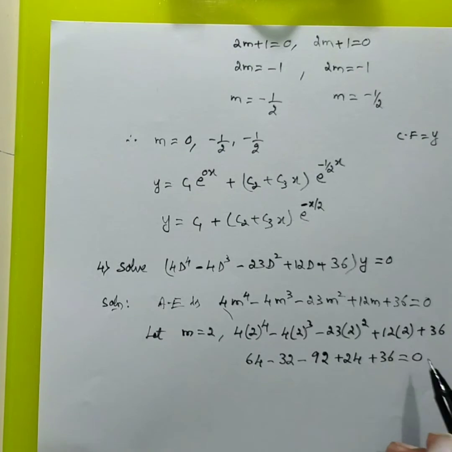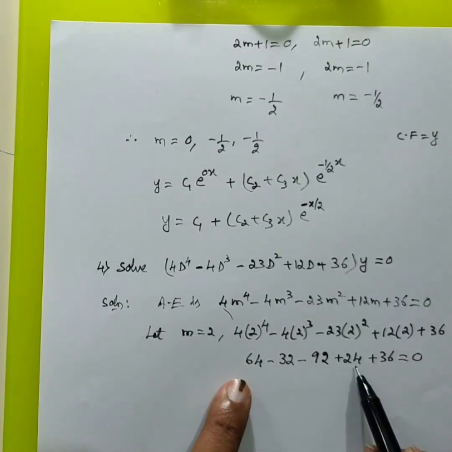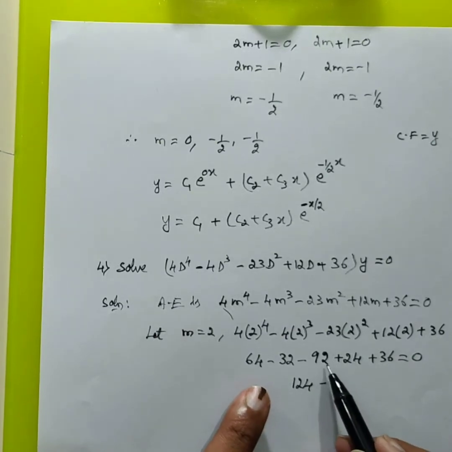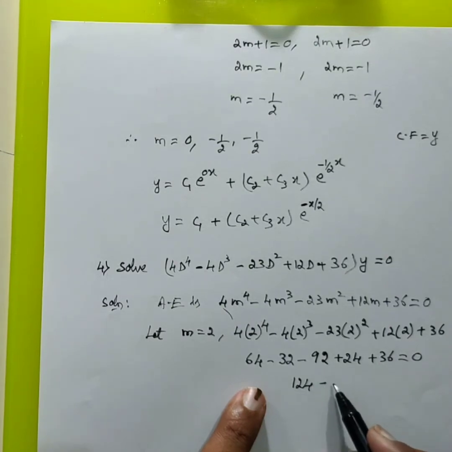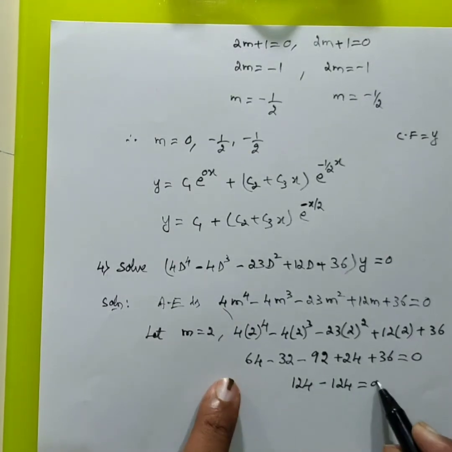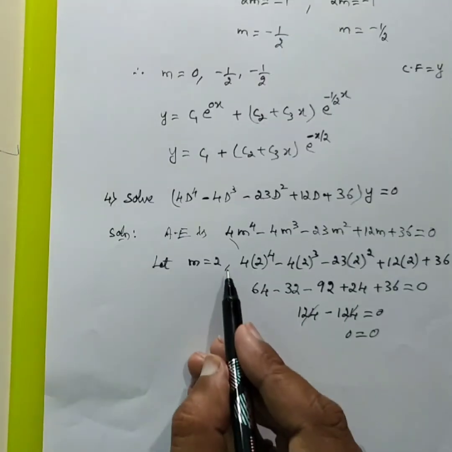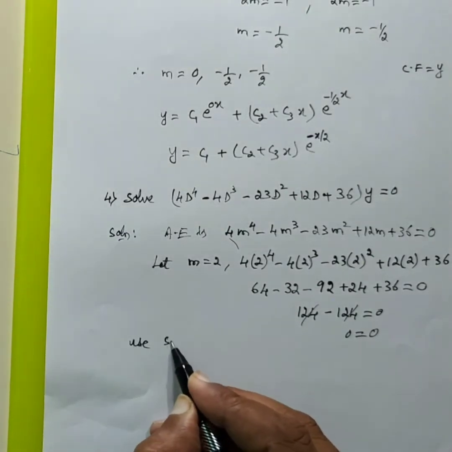Now let us add the positive values: 64 plus 24 is 88, and 88 plus 36 is 124. The negative values are 92 and 32, which make minus 124. Positive and negative values cancel out, and we got the value as 0, which means m equals 2 is a root. So we'll use the synthetic division method.